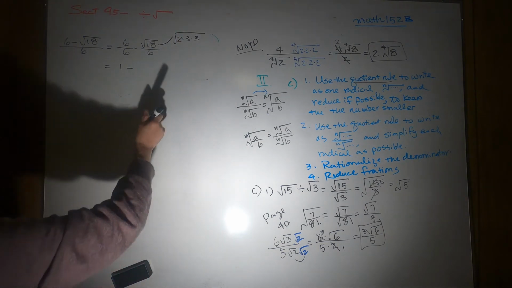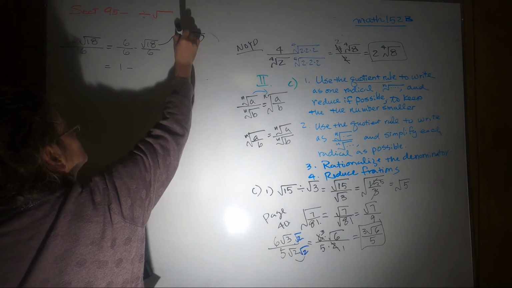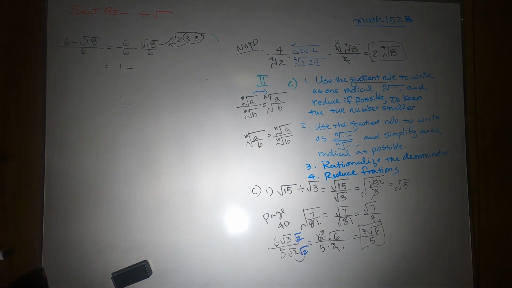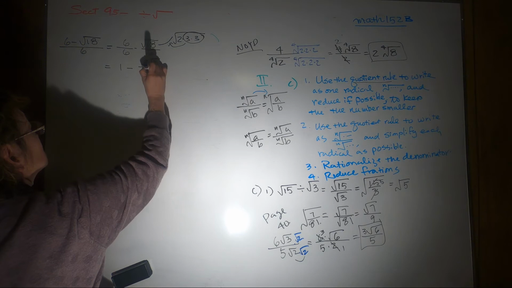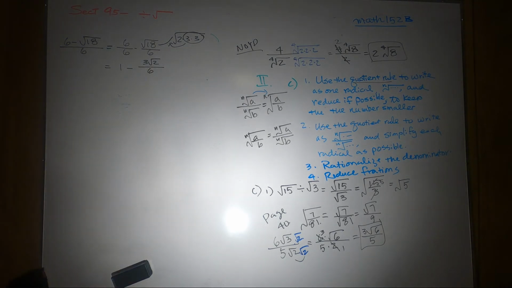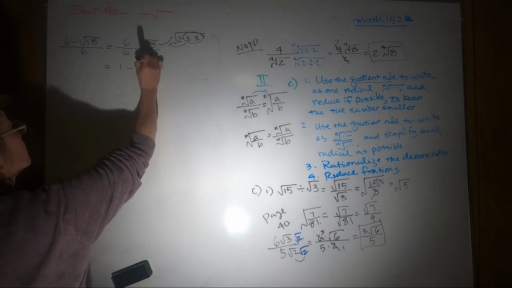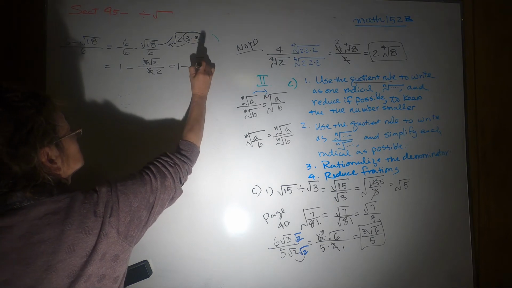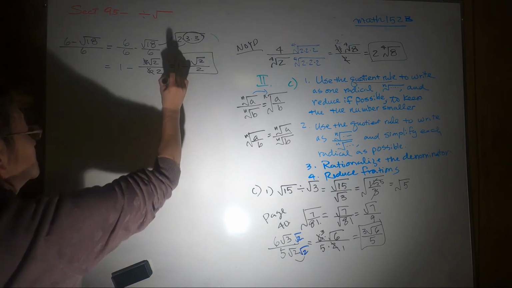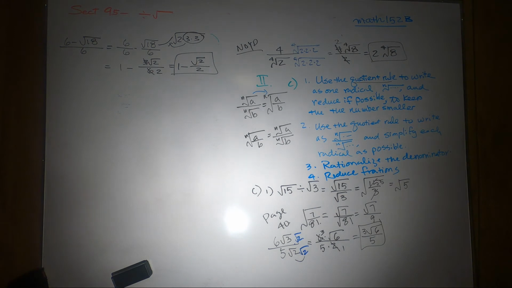Then you have a root of a square. You have to show them outside instead of leaving them inside. So you have 3 square root 2 and 6, right? Then you simplify your fraction. So that will be 1 minus 2 over 2. That's how you will do it.